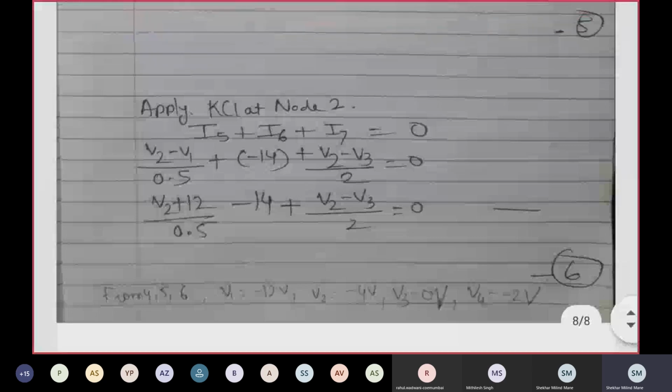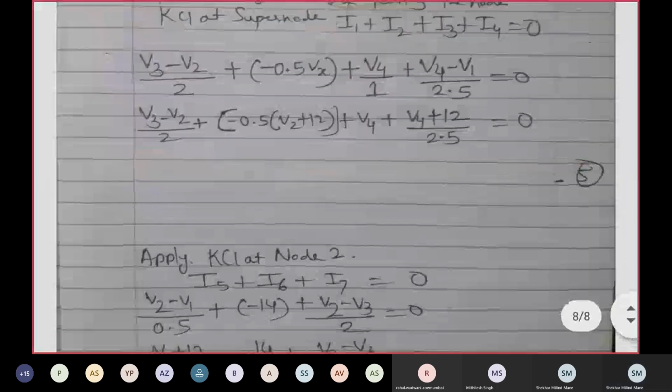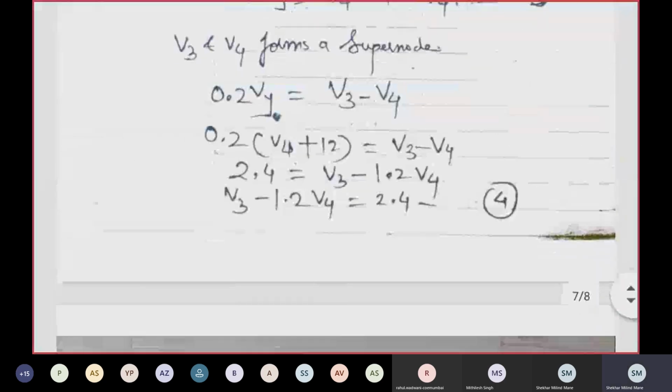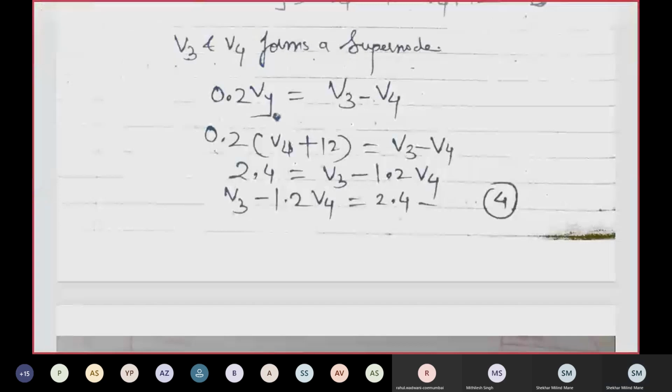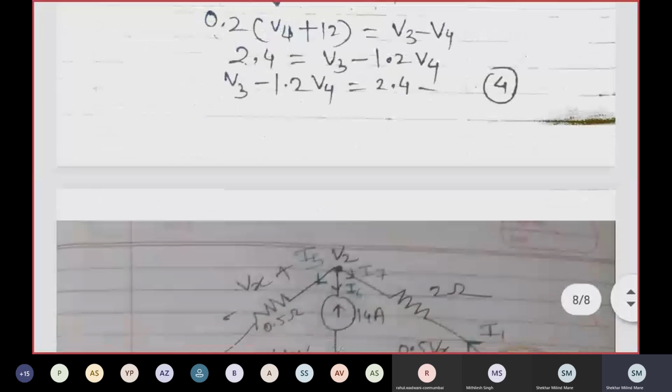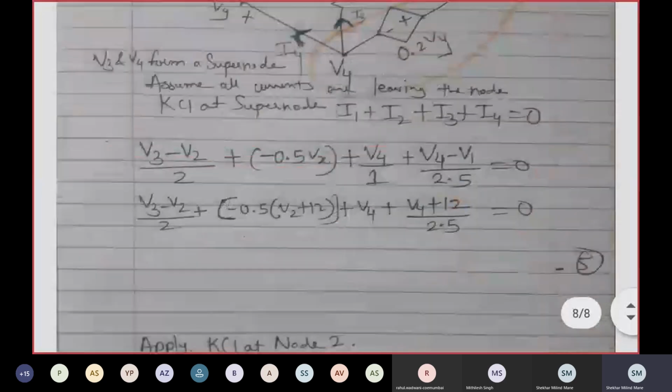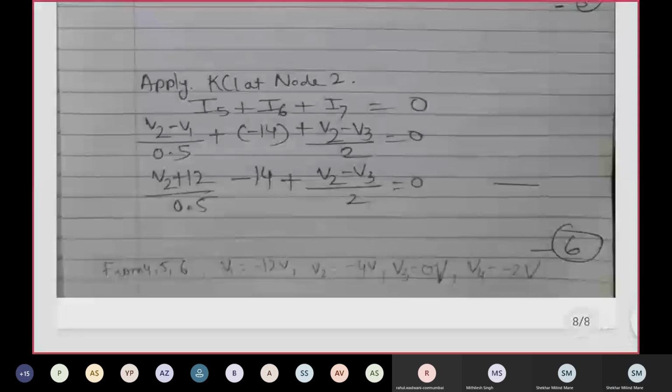Now there are three equations. Equation number 4, equation number 5, and equation number 6.